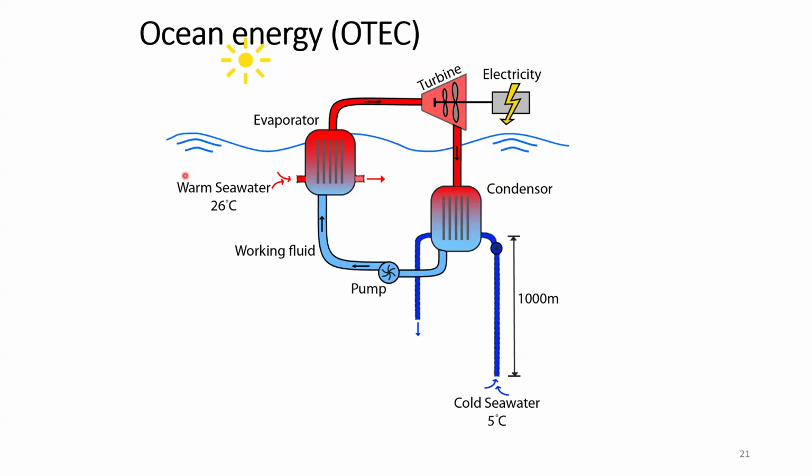This temperature difference can be used to drive a turbine, because a closed-loop turbine cycle can be operated due to that difference, generating electricity. We call this OTEC. In one concept, in some places it is 26 degrees Celsius against 5 degrees Celsius. Even with such a temperature difference, if we use a working fluid, we can generate energy. We know there is a large amount of thermal energy in the sea, even at a low temperature difference.